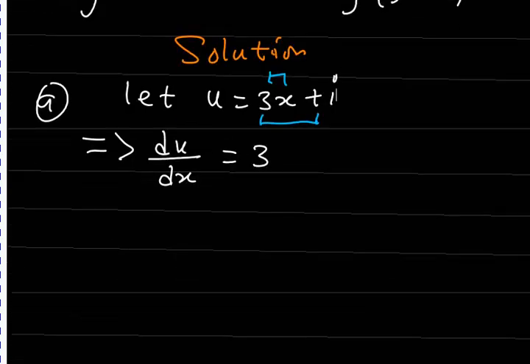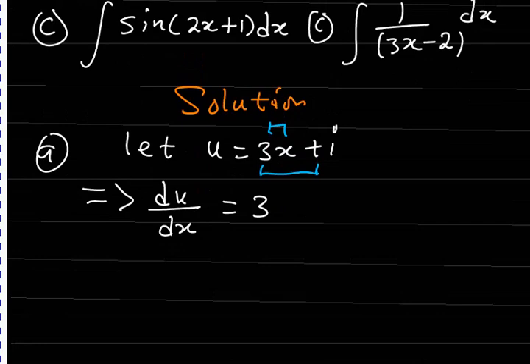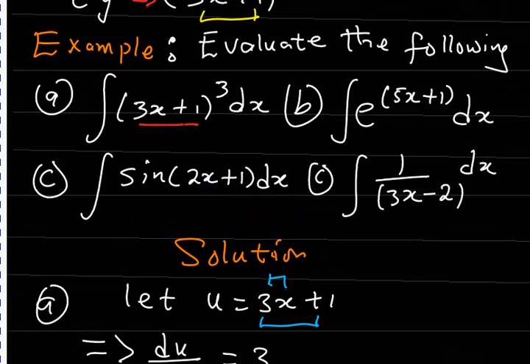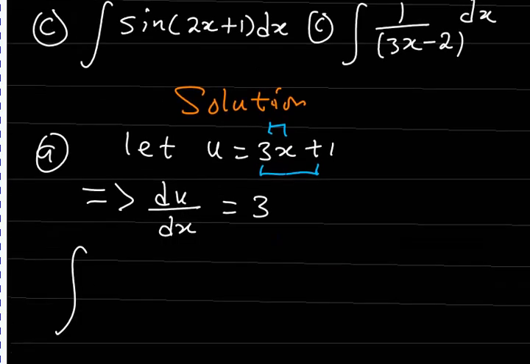So now, since my u is equal to 3x plus 1, I can now rewrite the integral. Please pardon me. Look at the question. The integrand is 3x plus 1 all cubed. So 3x plus 1 is already u.